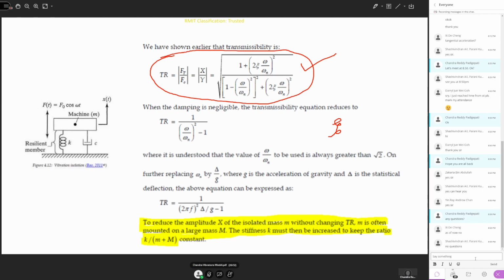So the transmissibility ratio is 1 over r square minus 1 when the damping ratio is negligible. All right, this is a point to be noted.